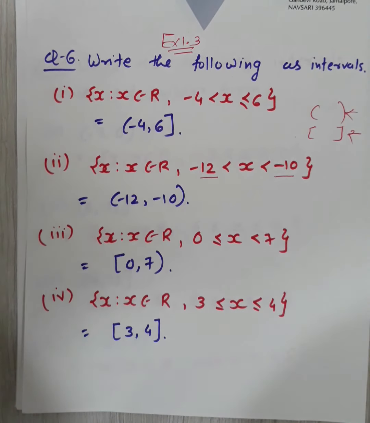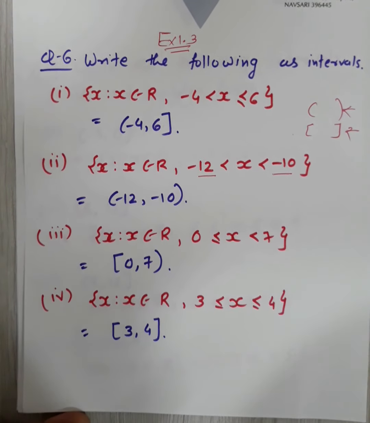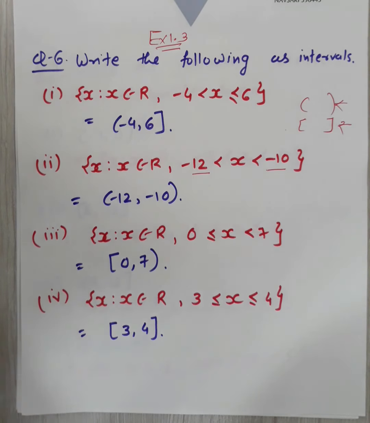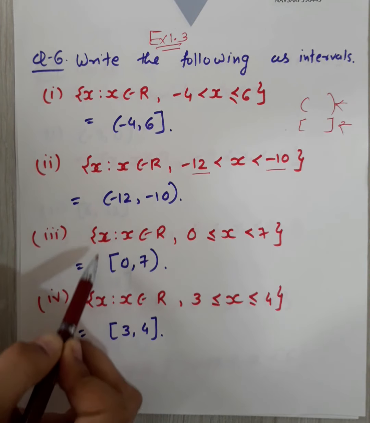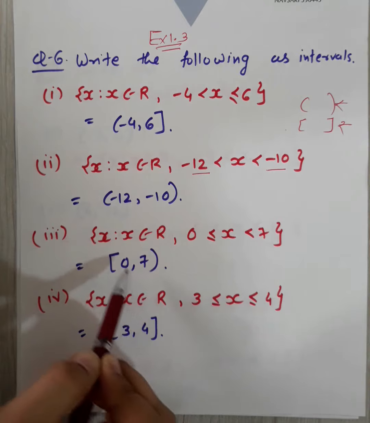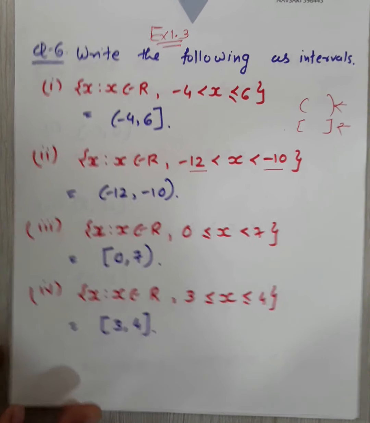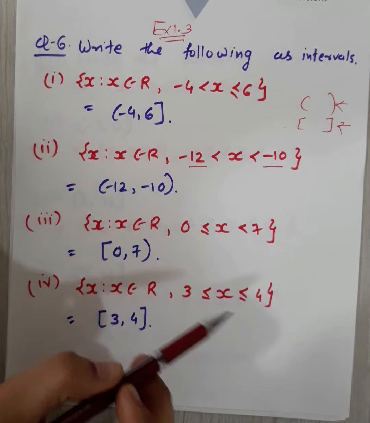Now third, for all x belongs to R, 0 is less than or equal to x less than 7. So 0 is less than or equal to x, so you have to consider 0, so square bracket, and less than 7 means parentheses. Okay, 3 is less than or equal to x less than or equal to 4.